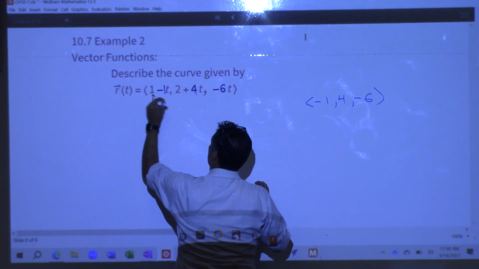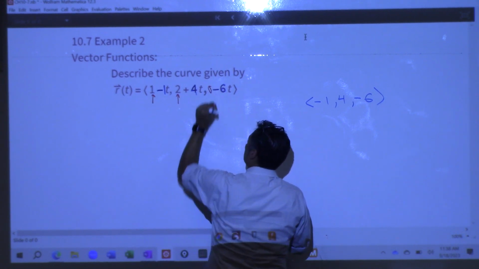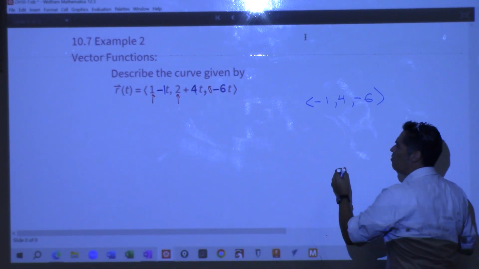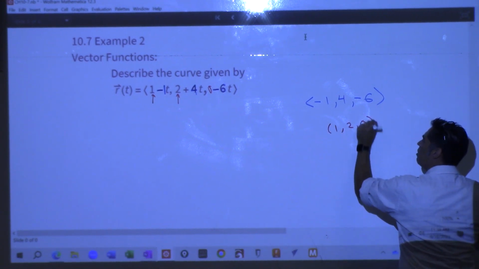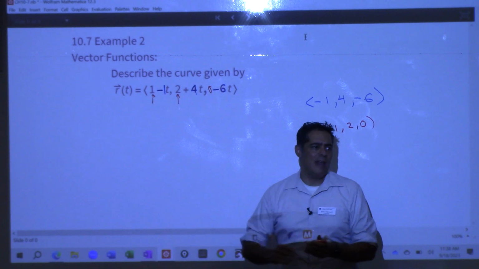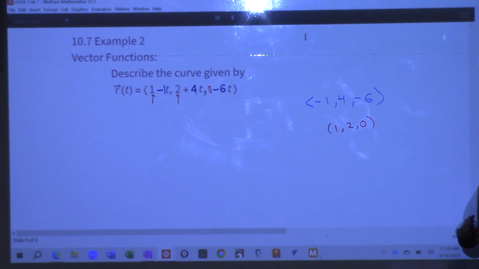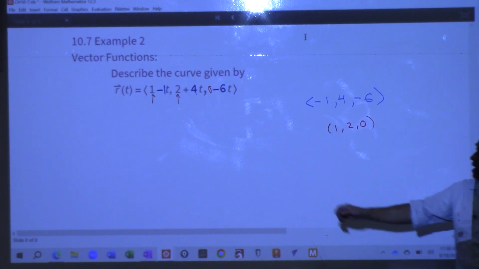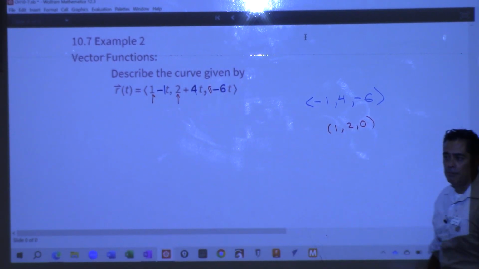This 1, that 2, and what's over here? A 0, you could say? You could say that 1, 2, 0 would be what? Like a point on that line, right? So this should look familiar to you, right? This is a line, we've studied it, but more generally speaking, it is a vector valued function that lives in three-dimensional space. It's a line.